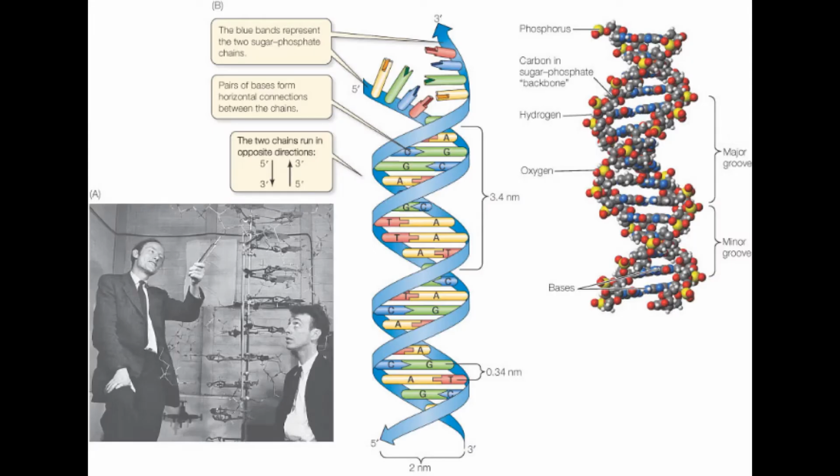And these base pairs inside of DNA are strung together in a specific order, and the order that they're put together in dictates the sequence of amino acids that are put together to build proteins. So the order of these base pairs is very important.